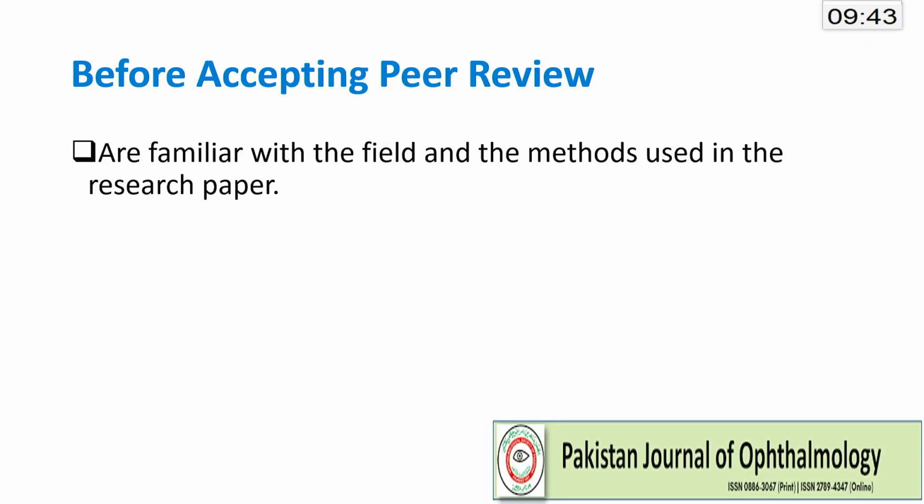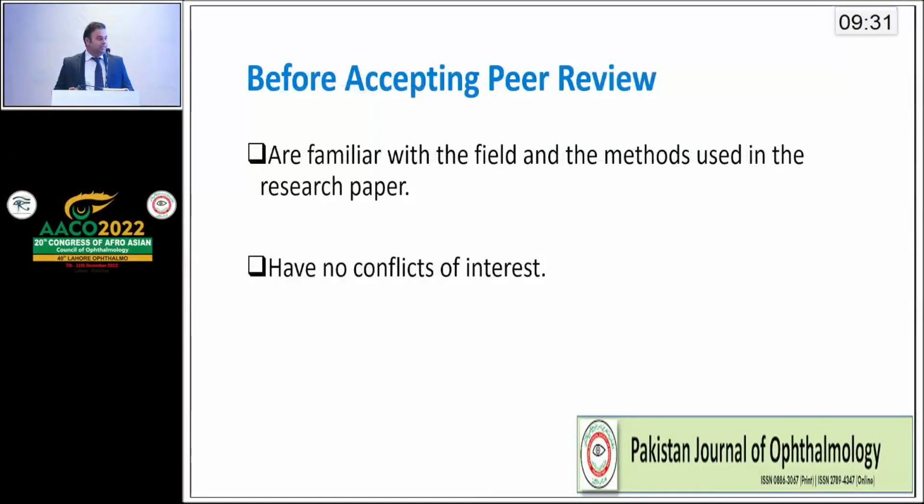You should not have any conflicts of interest. If you come to know that you know the authors or one of the authors or researchers, and you have any personal disagreement or personal affiliations with the researchers or the authors, then you should not accept it, and only accept it when you have enough time to follow the timeline of the journal.